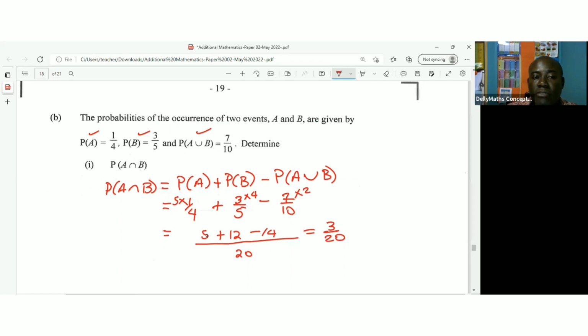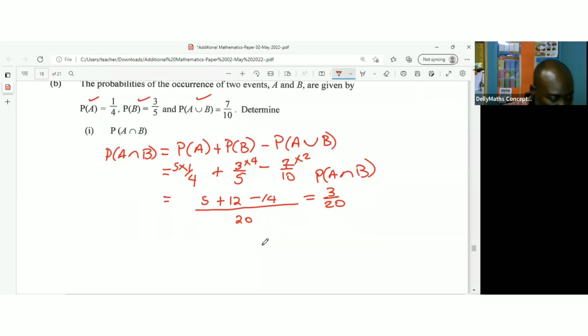And that would have been the probability of A intersect B. So 3/20 for that response. All right, let's continue working the other questions.